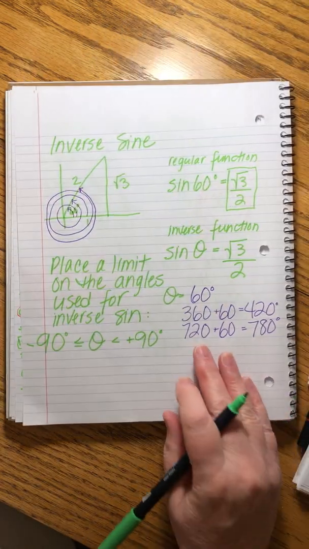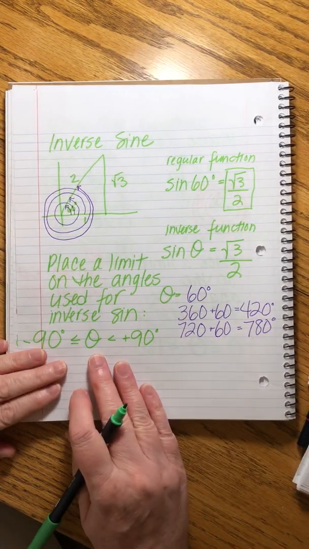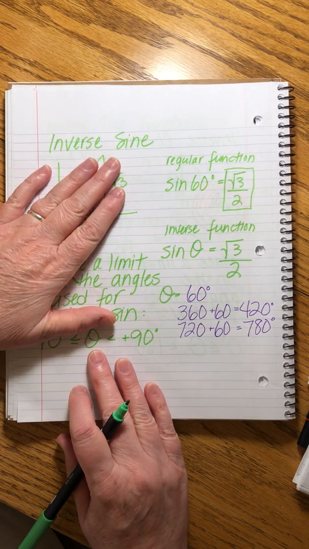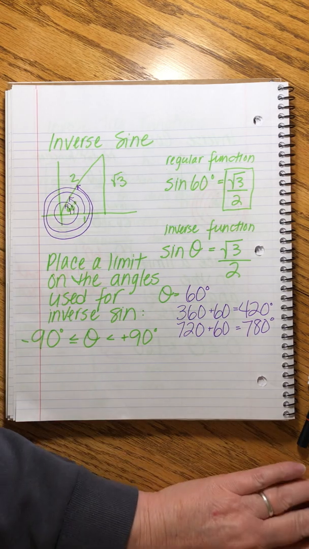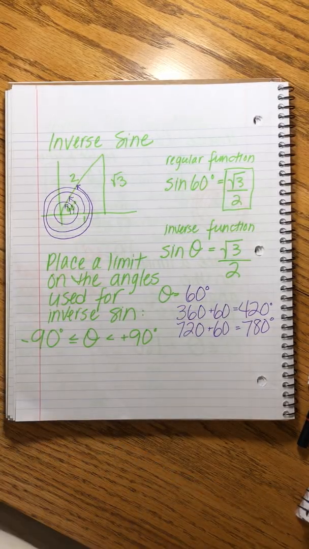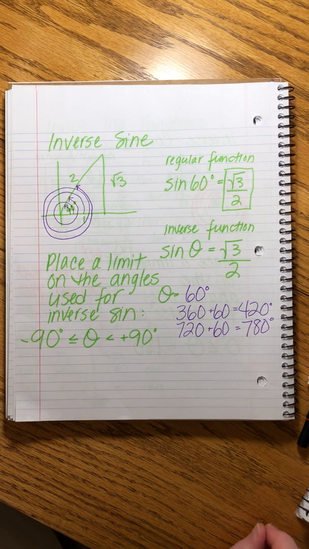Did I do sine? Yeah, I did sine in purple. Okay, good. All right, so this is the kind of limit that we will use when we're talking about the inverse of sine. Oh, I know, I wanted to say one more thing about this though, and I didn't say it about cosine.